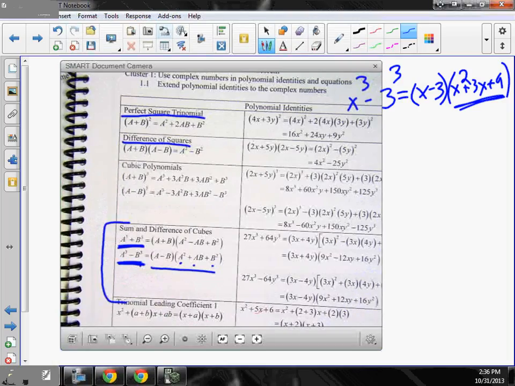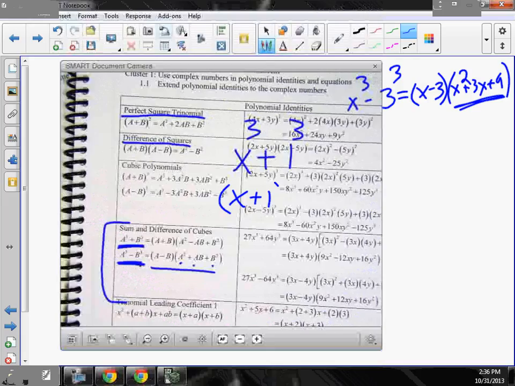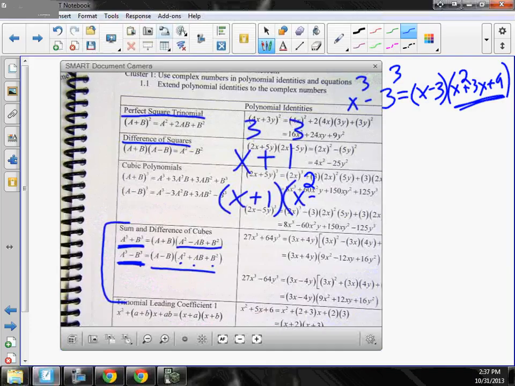So if I had x to the third plus 1, well, what's the third root of 1? 1. So this is just x to the third plus 1 to the third. So I would do x plus 1, and then just follow that pattern. x squared minus 1x plus 1, and that's how it factors.